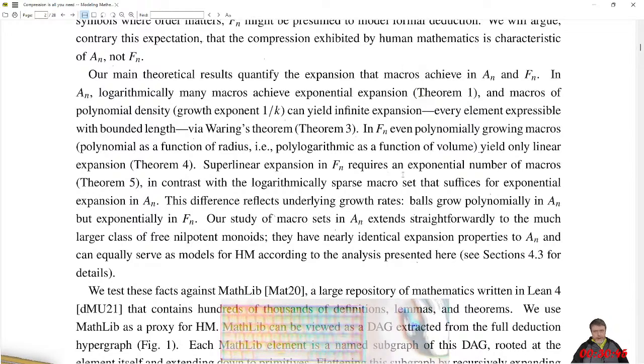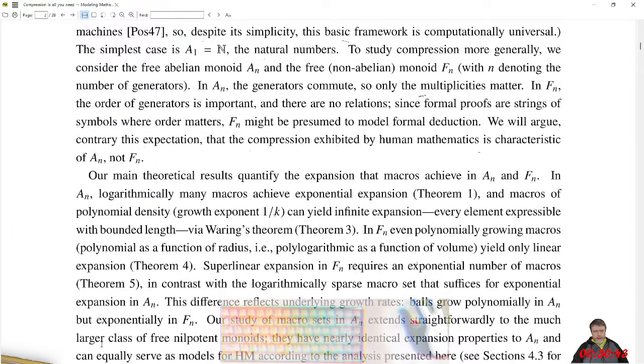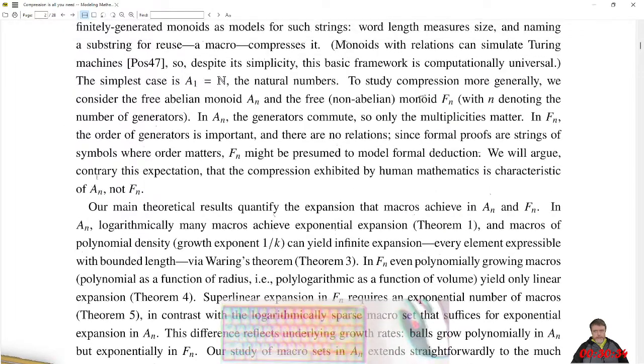This is talking about the closure property right here. If you read that one closely, it doesn't say it's talking about closure, but that's what that means. It's saying it's got the characteristics of A sub n, not F sub n, right here.